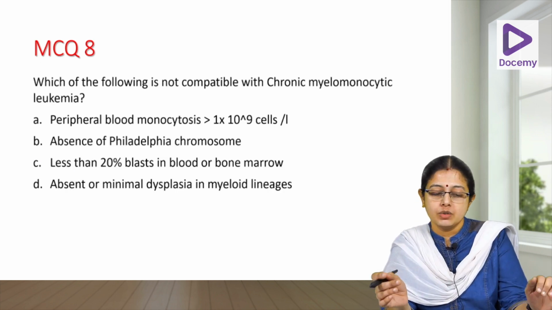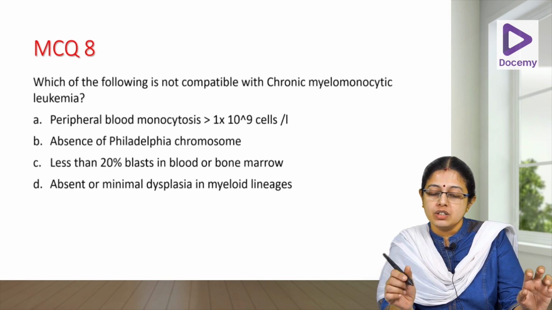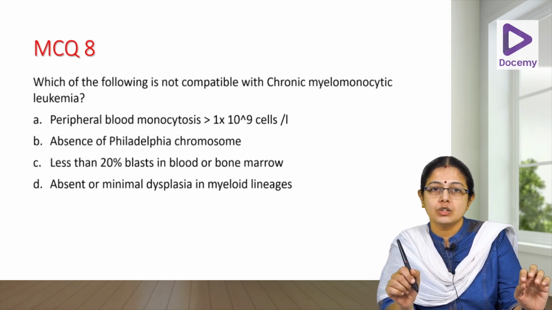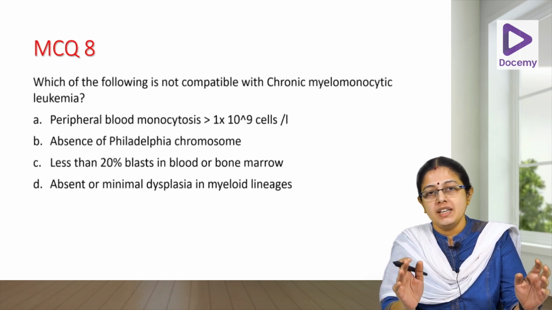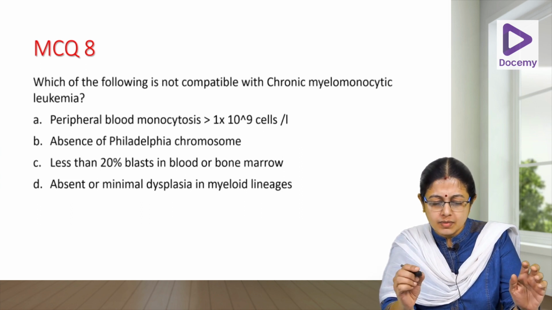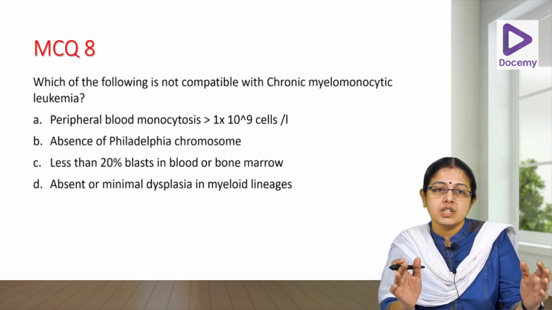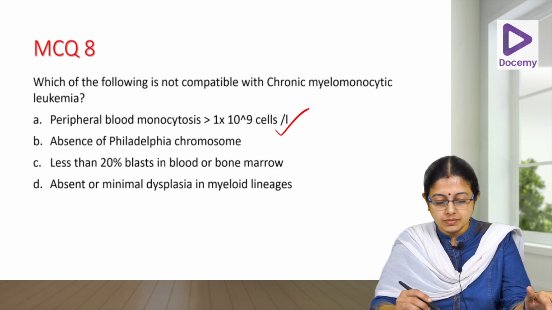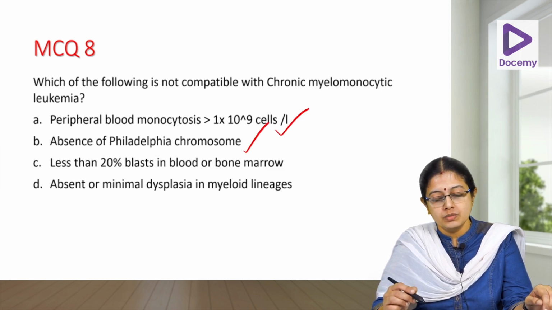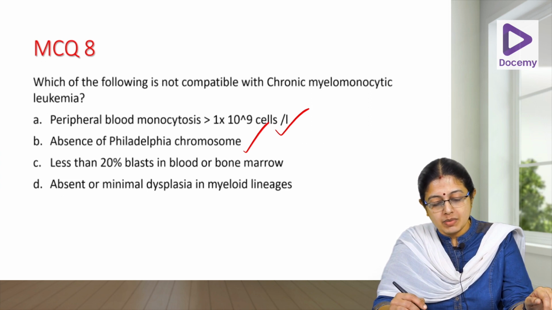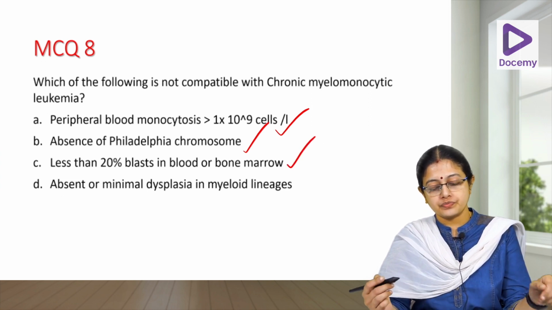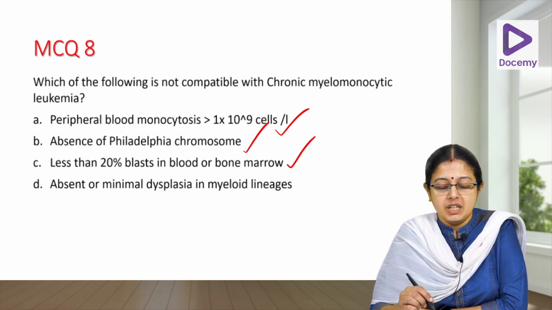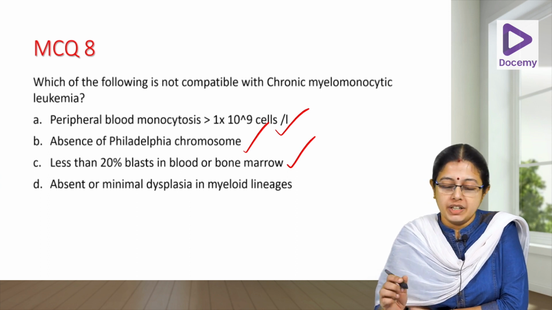Coming to the last MCQ: which of the following is not compatible with chronic myelomonocytic leukemia, CMML? Peripheral blood monocytosis of 1 into 10 raised to 9 cells per liter, absence of Philadelphia chromosome, less than 20% blasts in blood or bone marrow, absence of minimal dysplasia in the myeloid lineages.